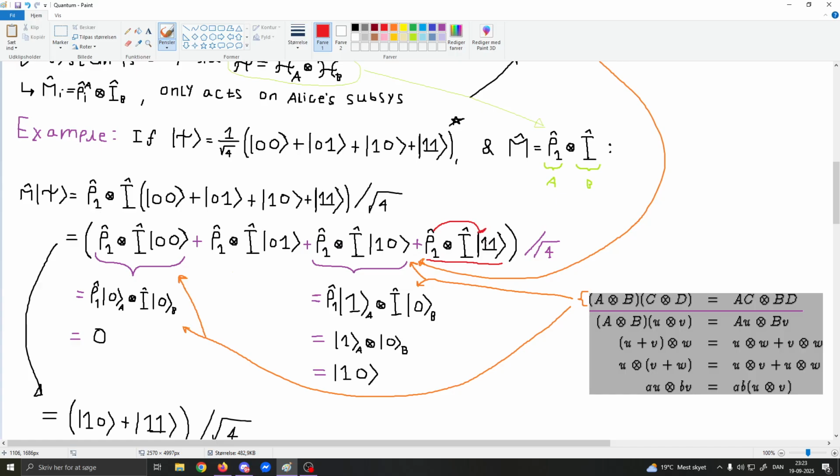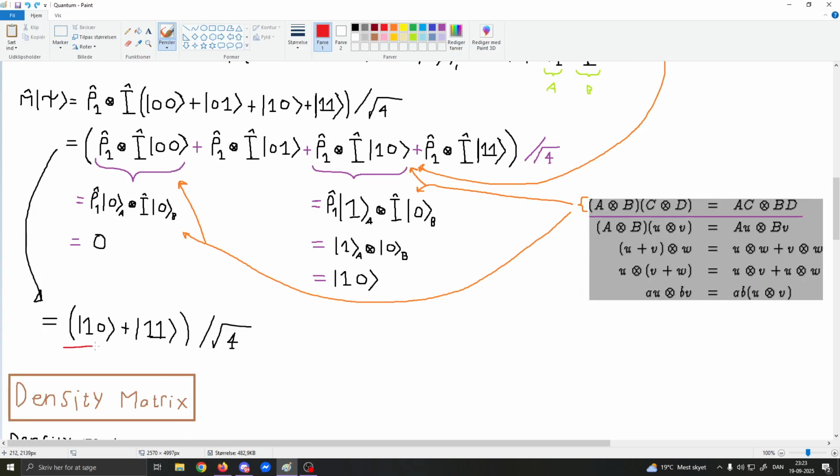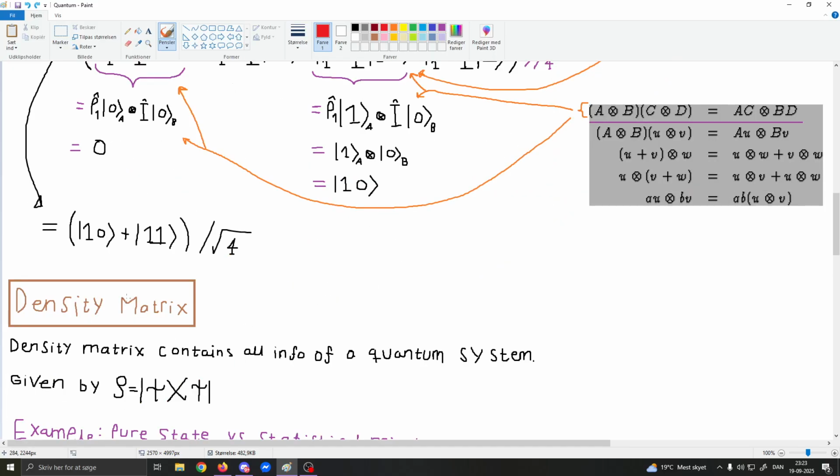P1 onto ket1, identity onto ket1, no, orthonormal basis vectors, so this also becomes a concrete non-zero product, and we get this expression down here. So what does this tell us, actually?